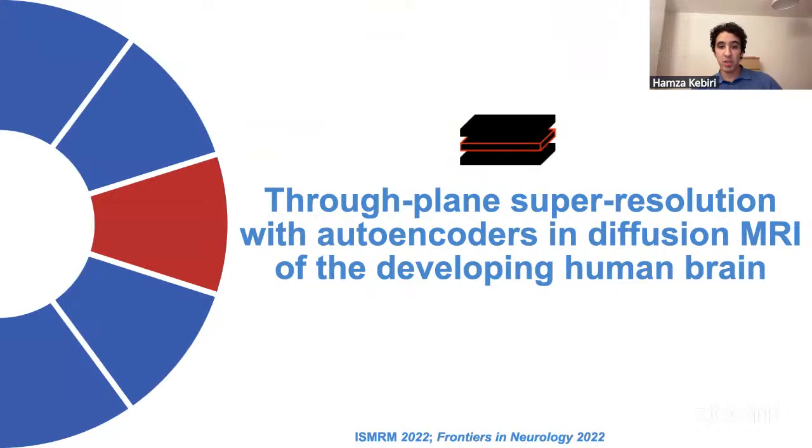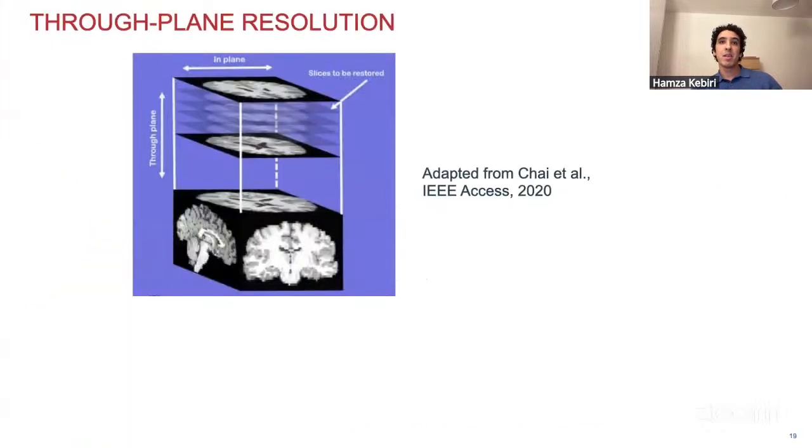The next project I want to talk about is the improvement of the through-plane resolution with autoencoders in the developing human brain, so using neonates and fetuses again. Typically you have the in-plane resolution, which is the XY here, and then you have the through-plane resolution.